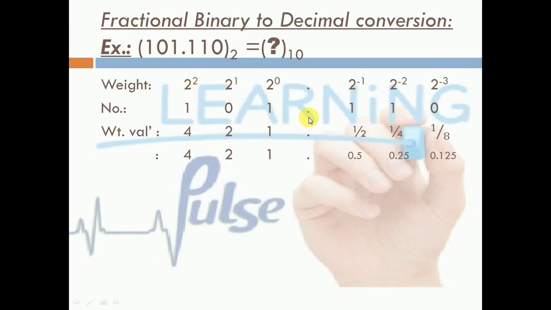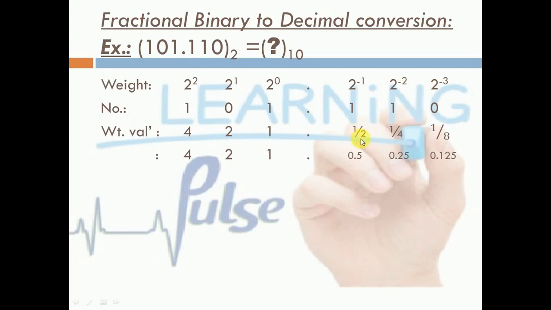Now we have the binary point over here, and the weights to the right of the binary point have the negative powers of 2. So we have 2 raised to minus 1, and the value of 2 raised to minus 1 is 1 by 2. The value of 2 raised to minus 2 is 1 by 4, whereas the value of 2 raised to minus 3 is 1 by 8.